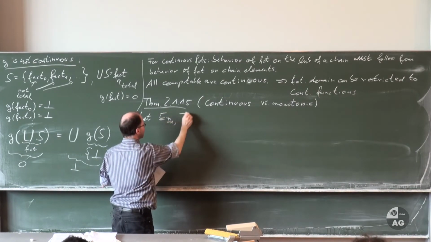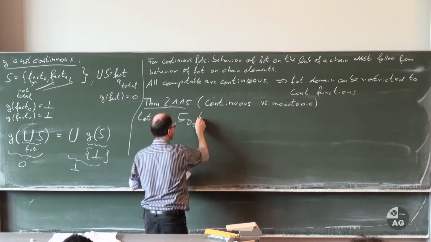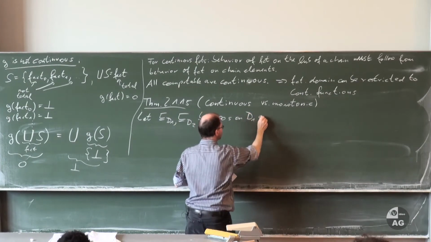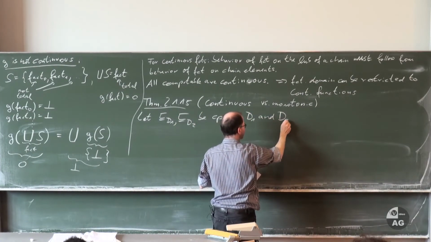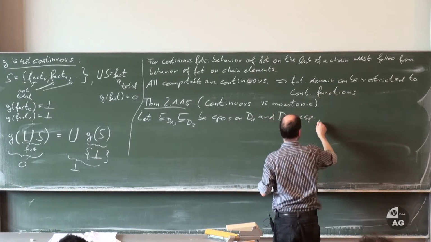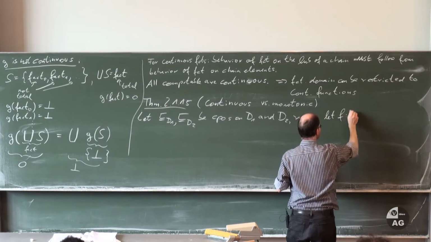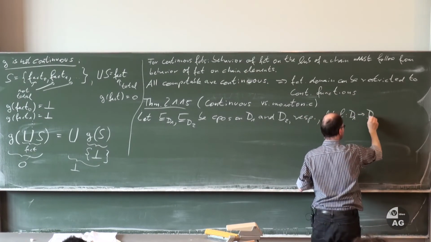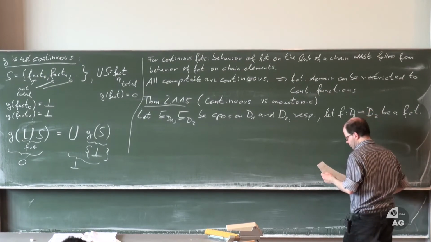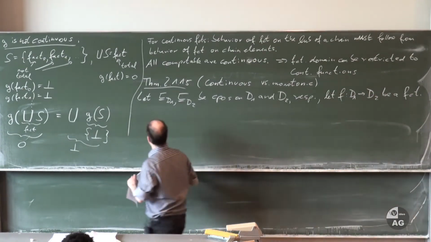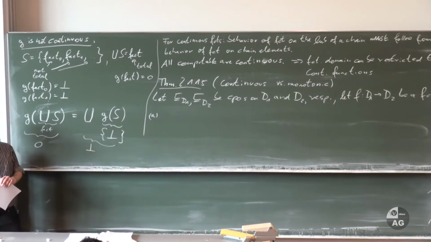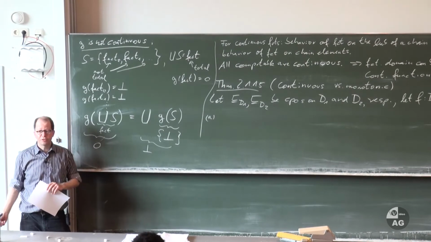So let these be complete partial orders on D1 and D2 respectively. And let f be a function from D1 to D2. And the theorem says that if f is continuous, then f is also monotonic.